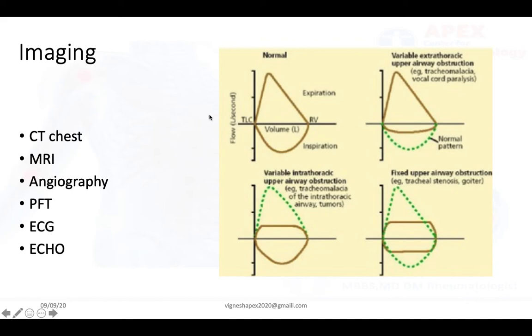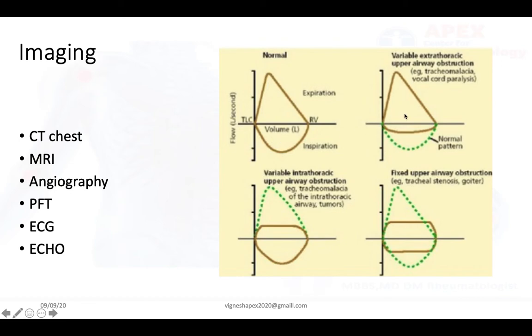So this is your normal flow volume loop. So this is your inspiratory curve and this is your expiratory curve. And normally the patient starts having a tidal breathing, so you would see some marks over here in a usual PFT machine. And what the patient would do is take a deep inspiration and a forceful expiration. So this is how the flow volume loop is completed.